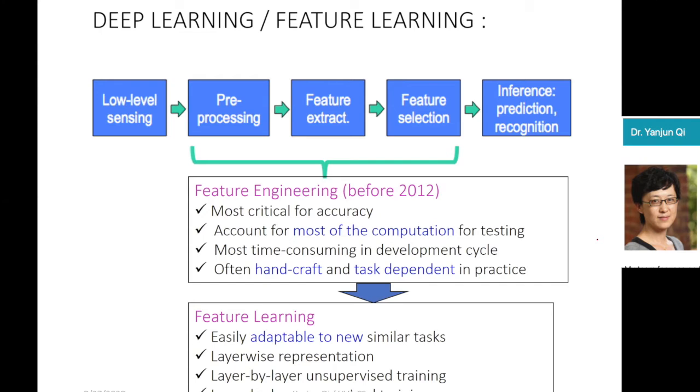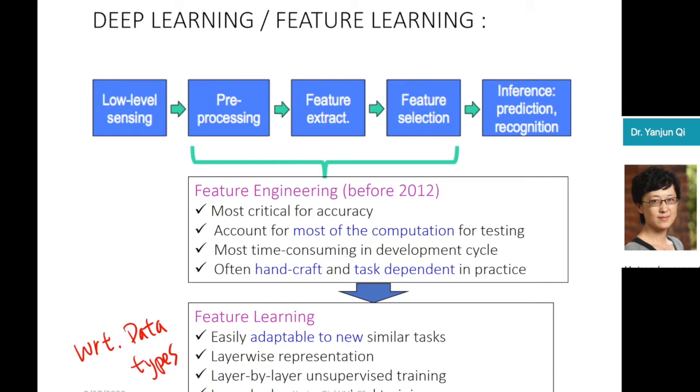Which model and representation fit depends on the data types. This is the fundamental reason why I categorize our lectures according to data types, because I want to cover more of the state-of-the-art feature learning methods.